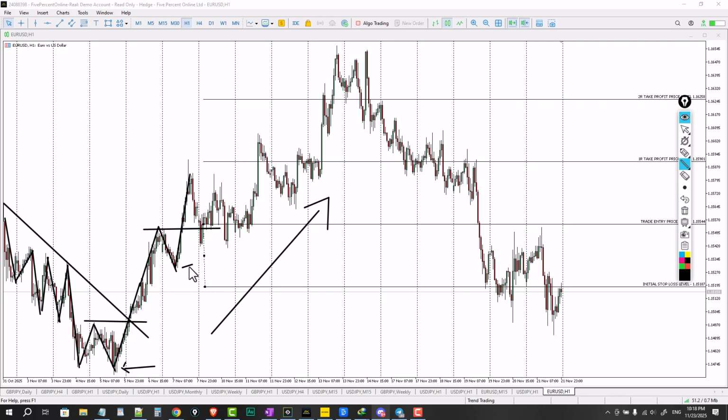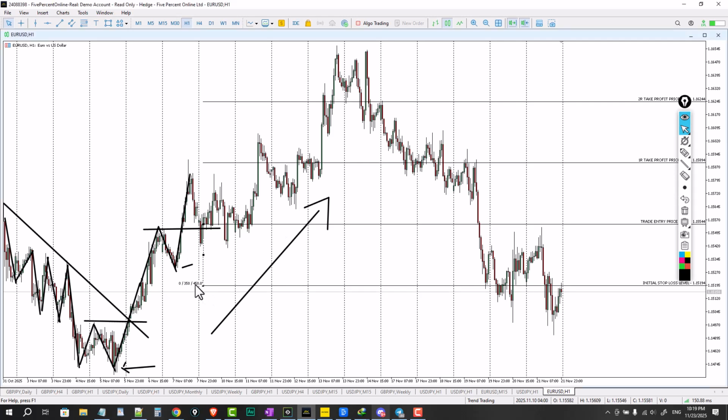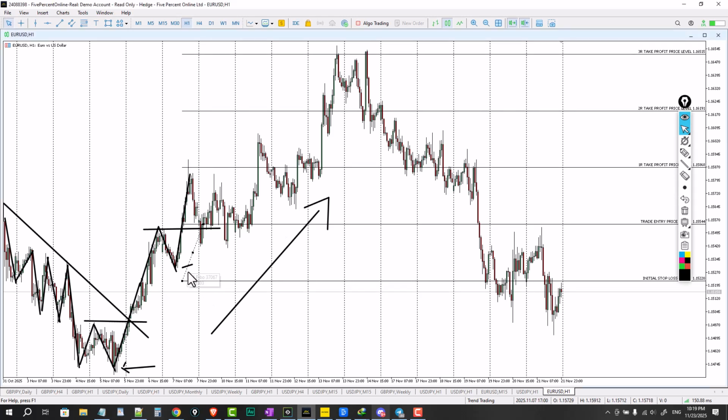Now, the reason why I say this is a conservative stop loss to place is because if you were to place your stop loss below this low, this would mean that for whatever reason, if price was to come from all the way here that you entered into this trade and then break below this low to trigger your stop loss, then really this particular market structure, which is characterized by the formation of higher highs and higher lows, would have been invalidated.